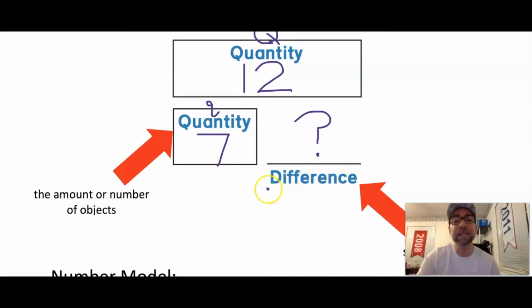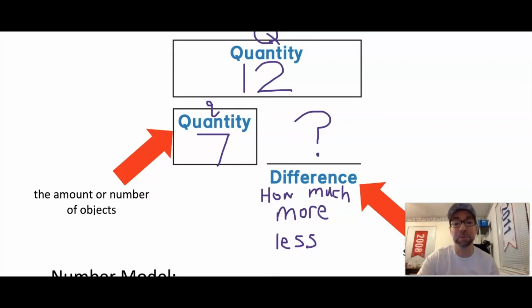The difference is also going to help me find how much more and how much less. So whenever I'm asked how much more or how much less, we can use a big Q, little q box. Keep that in mind whenever you see a comparison number story.